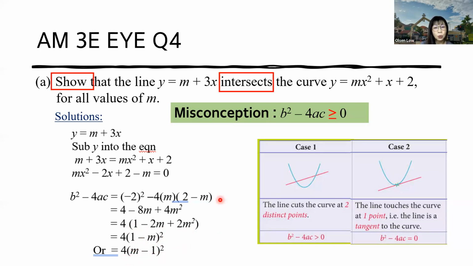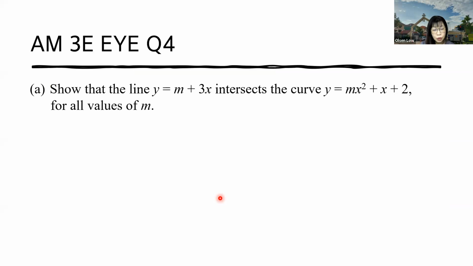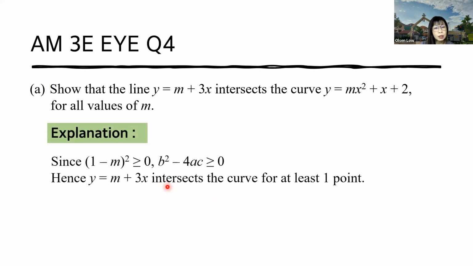So over here, you will need to work out what is b squared minus 4ac. Given this, how can you show the desired b squared minus 4ac greater or equal to 0? We will need to move on to the explanation. Since you have the perfect square term, (1 minus m) squared is always greater than or equal to 0, because the smallest possible value of a perfect square term is 0.